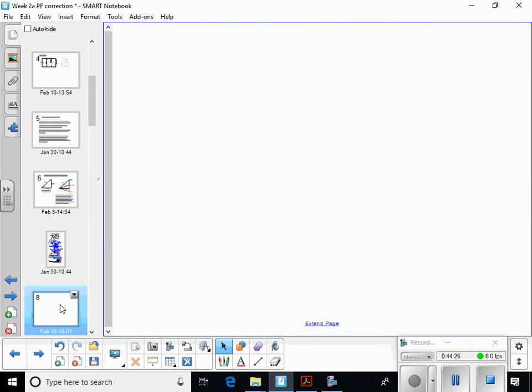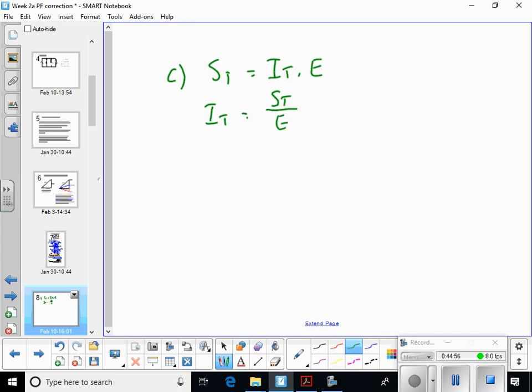So next bit, I'm gonna go on a new page. From ST, S is equal to IT times E. We can find IT because it is ST over E. And ST was 1997 angle minus 53 degrees over 200 angle 0 degrees.